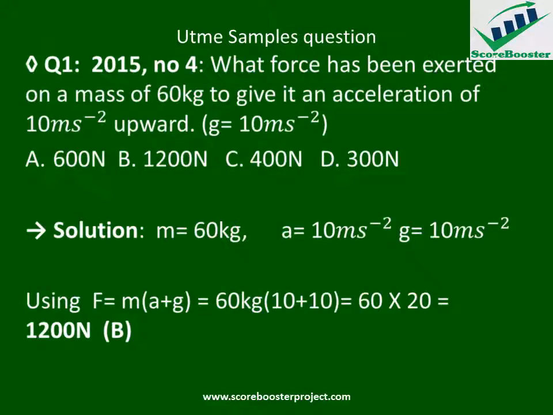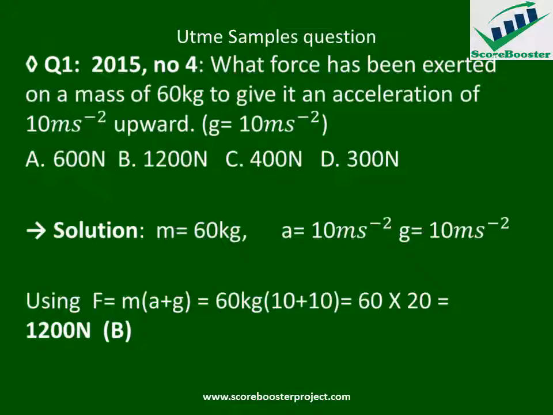Now, the next thing is to consider some sample questions from the UTME. And the first question we shall be considering in this segment comes from 2015, question number 4. And the question goes thus: what force has been exerted on a mass of 60 kg to give it an acceleration of 10 meters per second square upward?